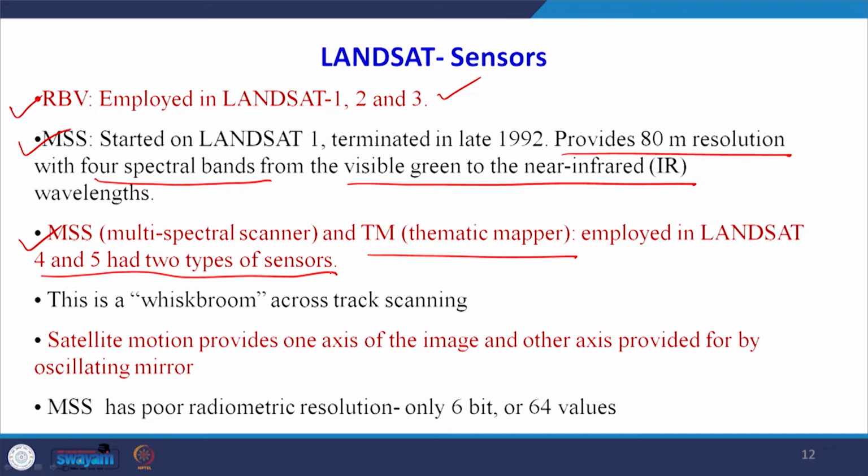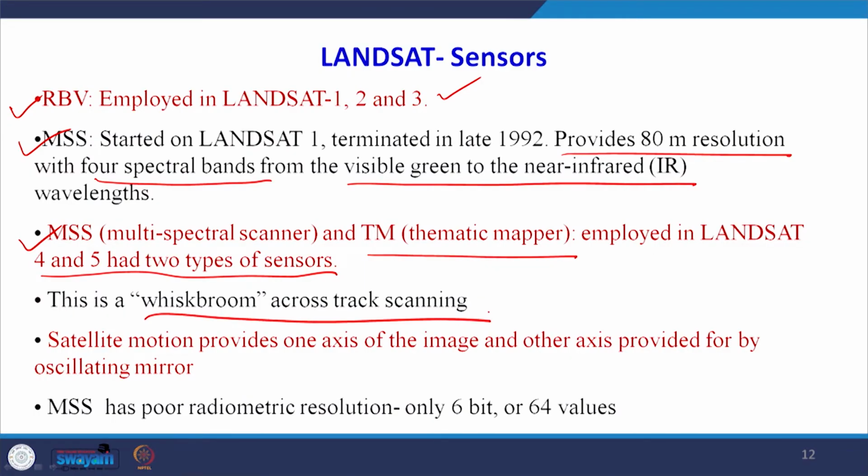So, we have a good wealth of information about that particular area, because it is captured in different parts of the electromagnetic spectrum. This was using the whisk broom technology, across track scanning. When it is moving, it is doing the across track scanning.